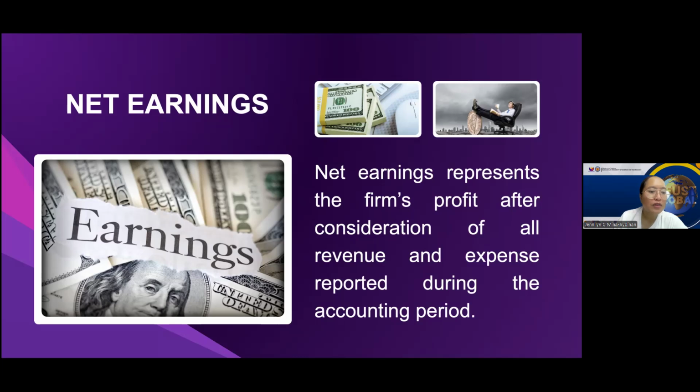Total revenue $30,000, total expenses $22,000, which includes operating costs, taxes, among others. The net earnings is $30,000 less $22,000, which is equal to $8,000. This is the shop's profit after all expenses have been deducted.